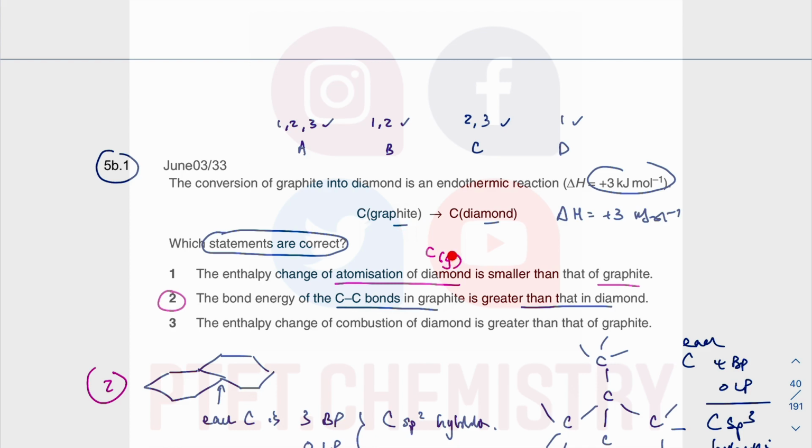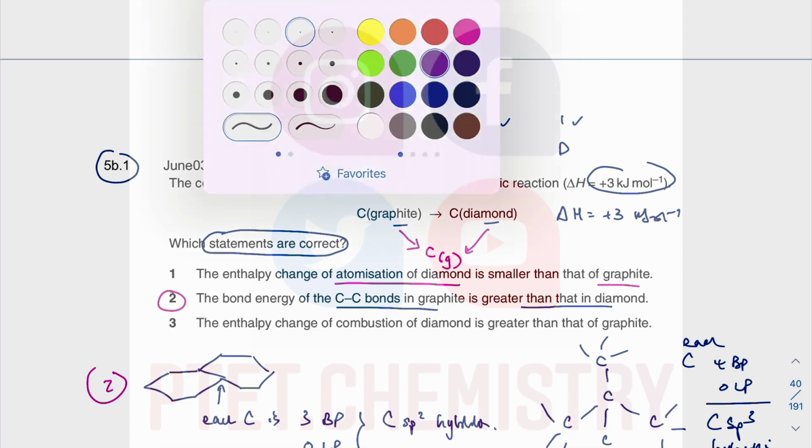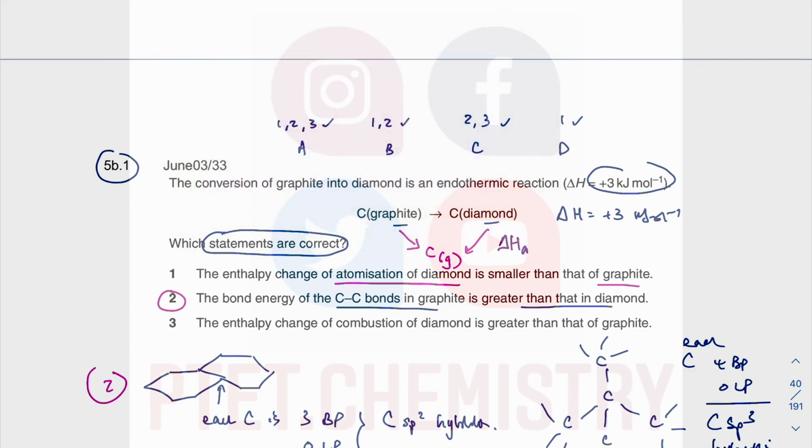Okay, but the idea is forming 1 mole of the gaseous atom. So that forms that. You can interpret that as enthalpy of atomization of diamond, and you can interpret that as enthalpy of atomization of graphite. And we know the enthalpy change of this reaction, so we can think about relating enthalpy of atomization. So that is delta H for the reaction, which is plus 3.